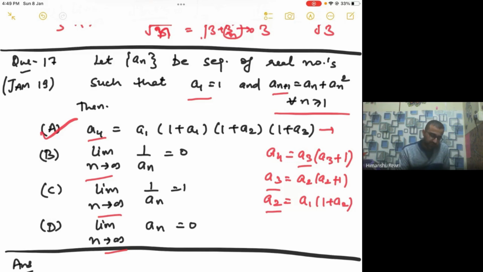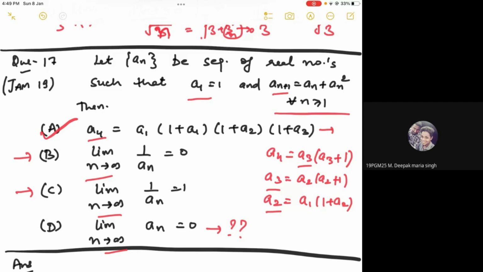Now my question is how you will do question number 17 parts B and C. And what about part D? Is the limit of n tending to 0? This is clearly visible. In the question, an plus 1 equals an plus an square.